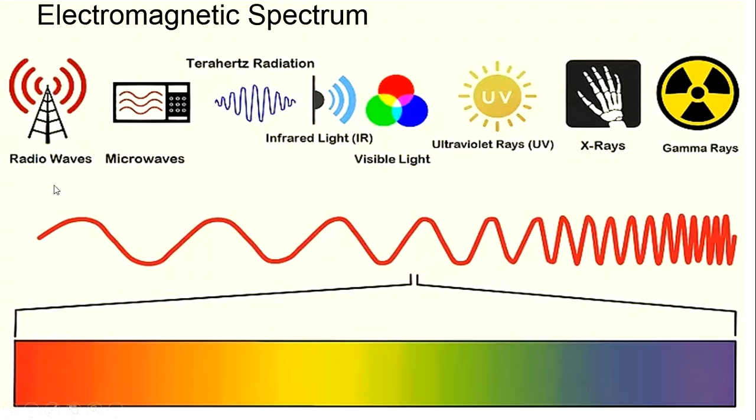So we have here the radio waves and microwaves with longer wavelengths. You can see you have infrared light also with some longer wavelength. Here we have visible light. Then you have the ultraviolet rays, which are the harmful rays of the sun, and in the atmosphere we have layers which filter these ultraviolet rays. Then you come to the X-rays and the gamma rays.